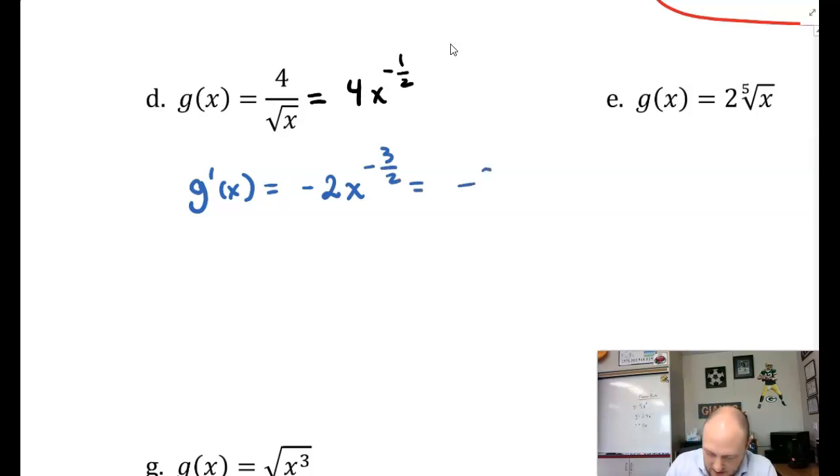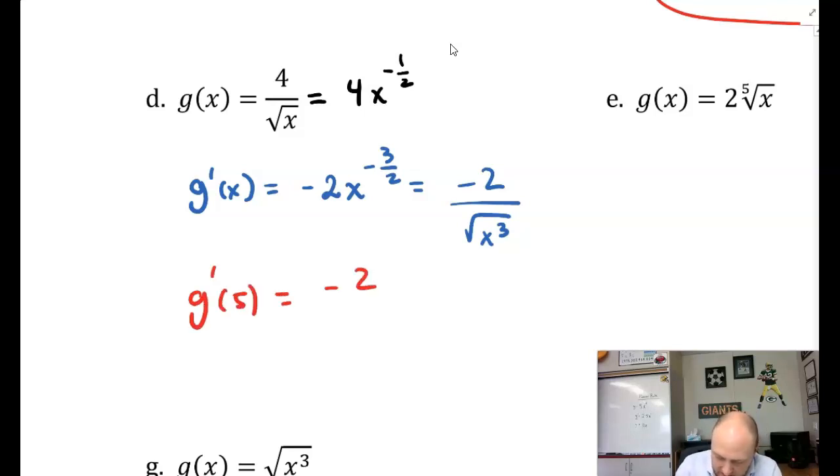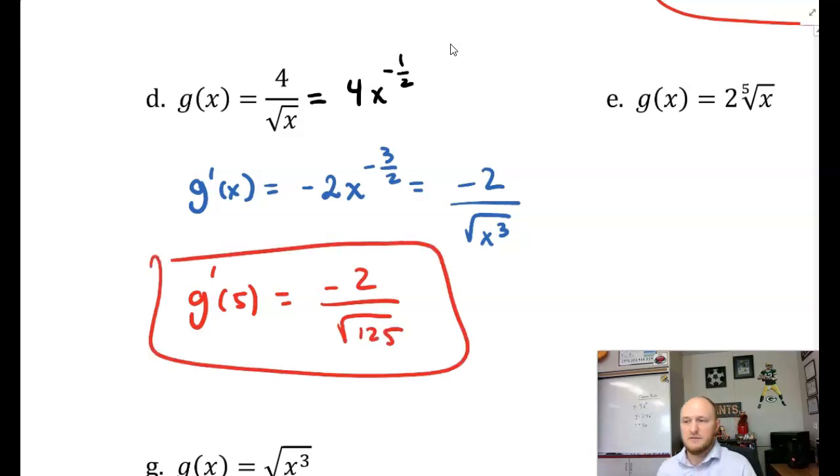So, last but not least, this is negative 2 over the square root of x cubed. So I'll calculate g prime of 5, and we get negative 2 over the square root of 5 cubed, which is 125. There you go.